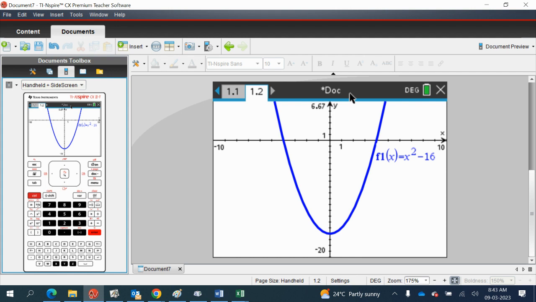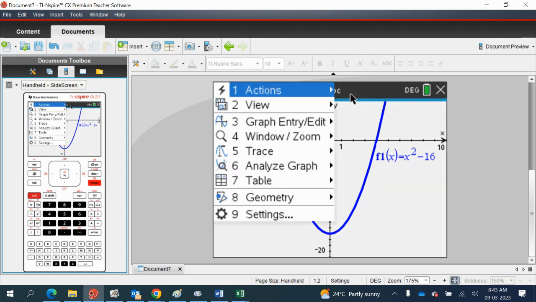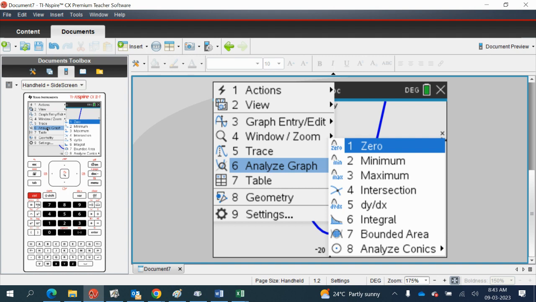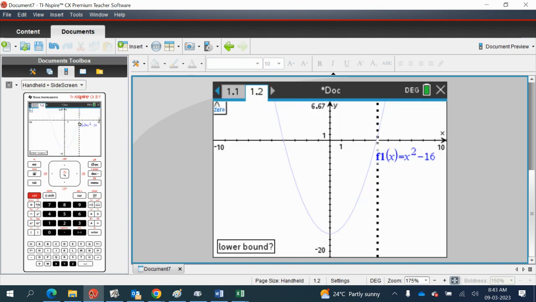Where does the graph have to be for the graph's value to be negative? Down. Below the x-axis. Yes. So we want to find the points at which it cuts the x-axis and changes from positive to negative. How do we do that? We want to analyze the graph and find the zeros.